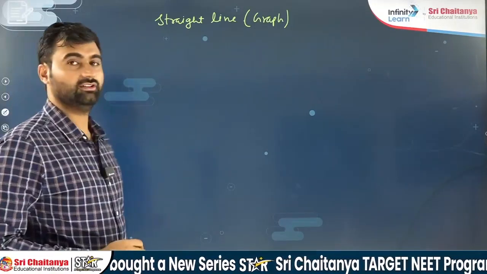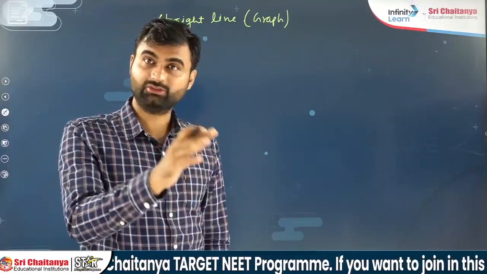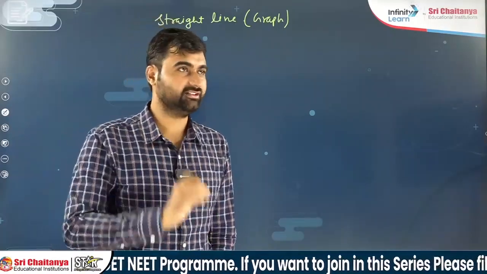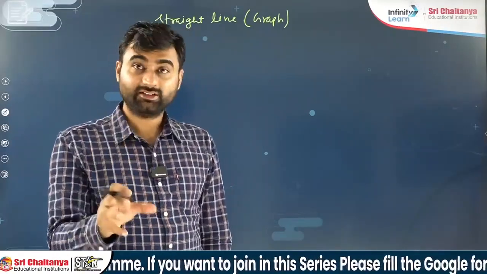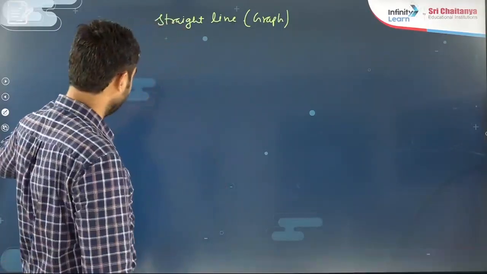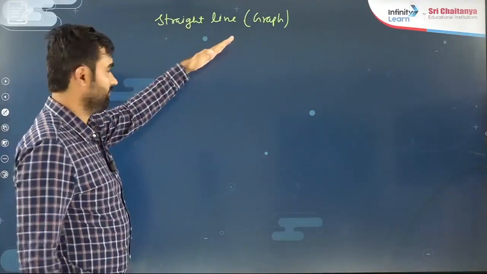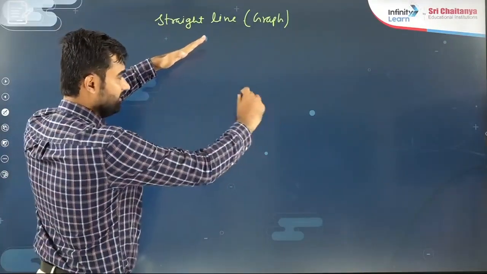Extra is the equation of straight line and its graph according to the equation. Equation means which relates position. Suppose this is a straight line. What is changing here? If we move this side, x will change.